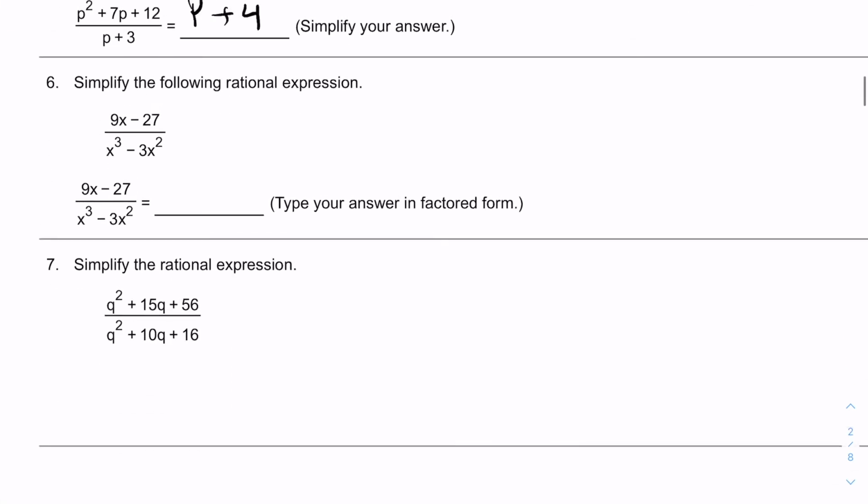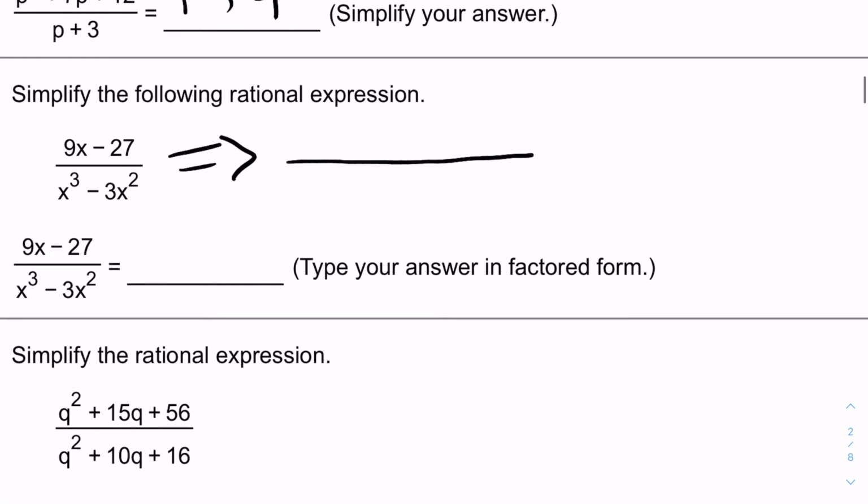Next problem. Okay, once again, we're going to need to factor. So I see a common factor here of 9. Factor out the 9. Leaves me with x minus 3.